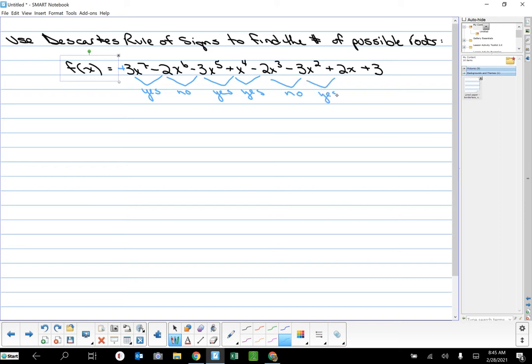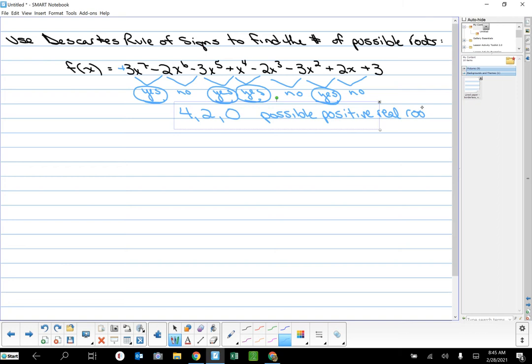Negative to positive. And positive to positive. So I have 1, 2, 3, 4. That means I'm going to have 4 or 2 or 0 possible positive real roots. The number of yeses and then decrease by 2.